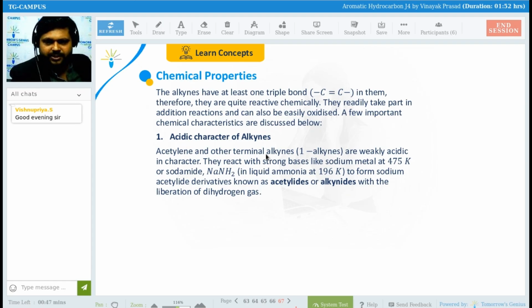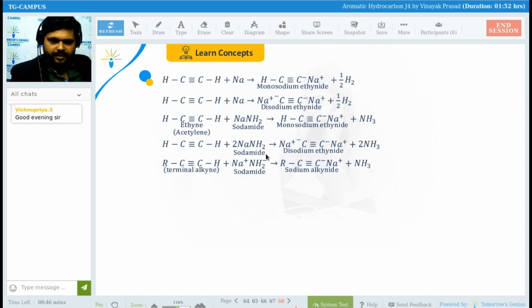They react with strong bases like sodium metal at 475 Kelvin temperature, and sodamide, NaNH2, in liquid ammonia at 196 Kelvin temperature to form sodium alkynides with the liberation of dihydrogen gas. Clear, everyone? Next. So these are the reactions that we are having. Please first check 1 to 2 reactions, then we will go ahead.